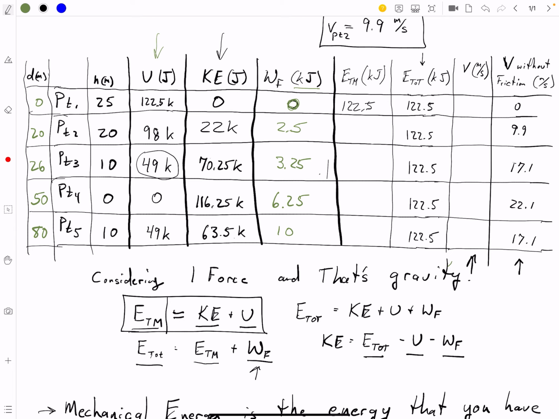By the time we get to point two, 98 plus 22 is 120.